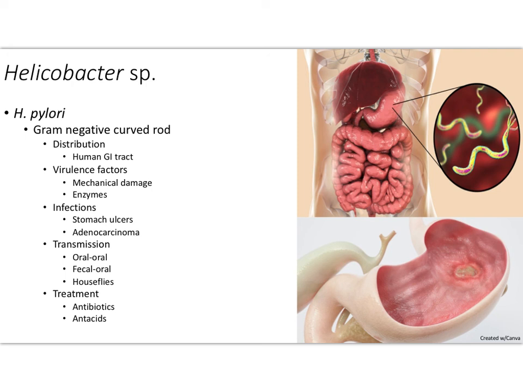So in addition to causing stomach ulcers, this bacteria can be associated with a certain type of cancer called adenocarcinoma. The reason for that is not that the bacteria necessarily does something to cause the cancer exactly.